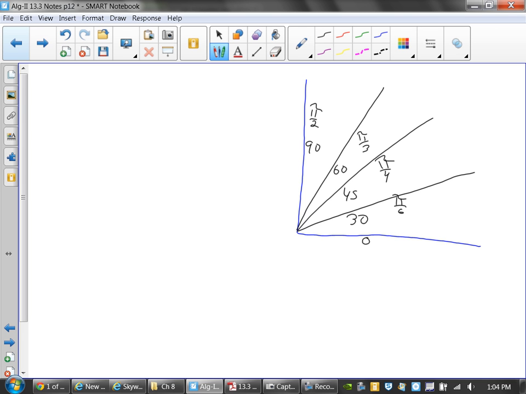After that, when you look back to your table, when we're going with our ordered pairs for this, we built it off of the right triangles. For example, if I'm looking at my ordered pairs, remember it goes x, y, it goes cosine, sine. What was the cosine of 30 degrees? Well, you did this yesterday. Cosine of 30 degrees was root 3 over 2.